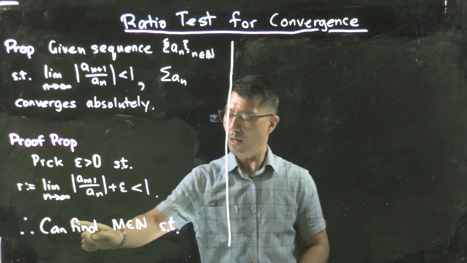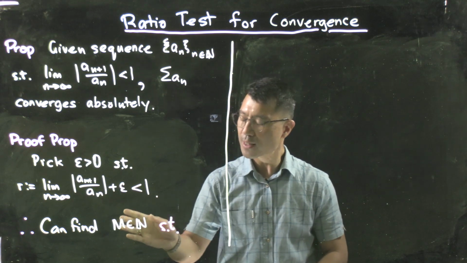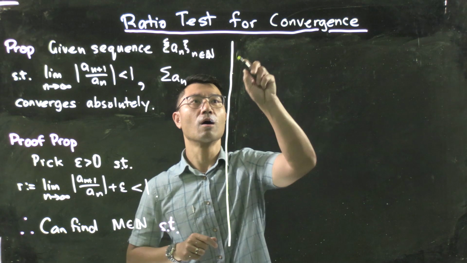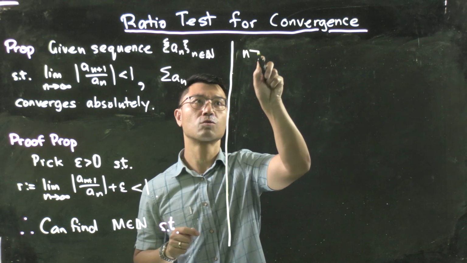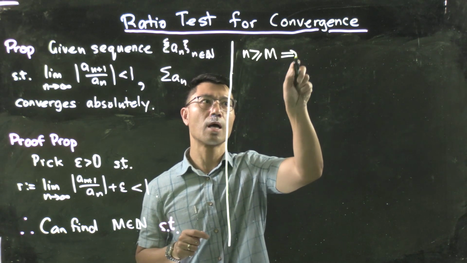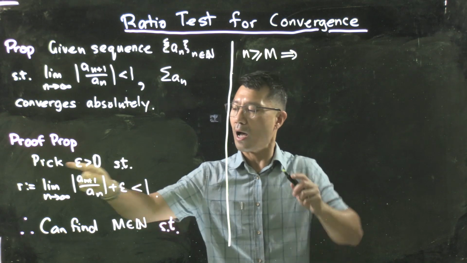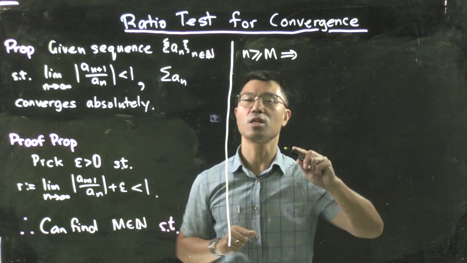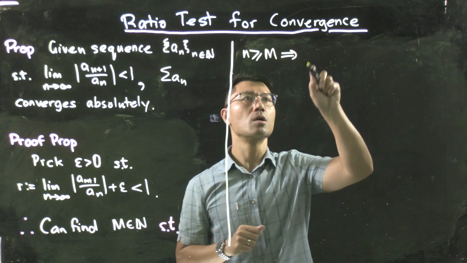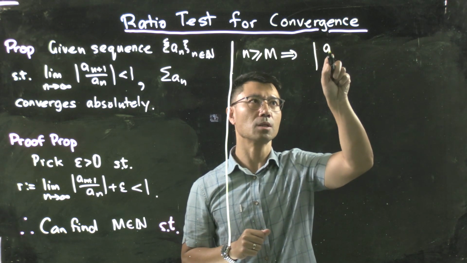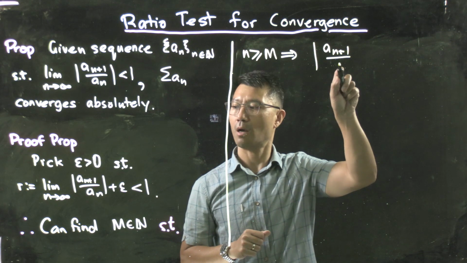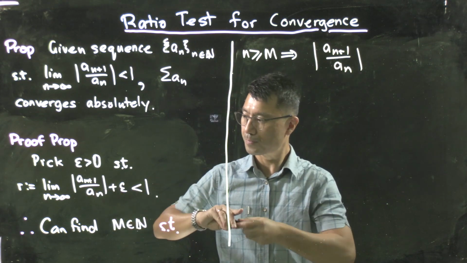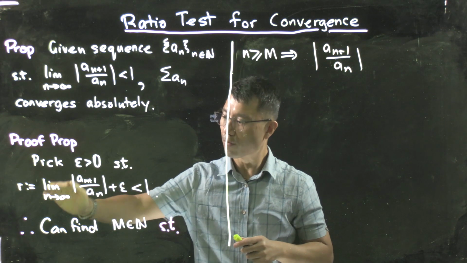Far enough out means that we can find some m here such that n greater than or equal to m implies that this ratio here, the absolute value of a_{n+1} over a_n, is within epsilon of this limit.